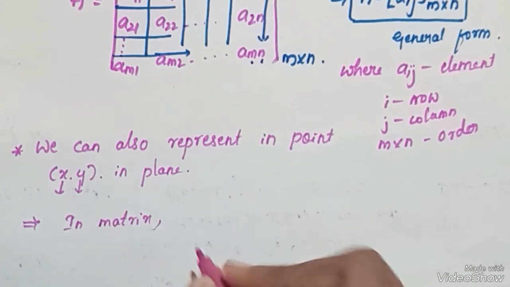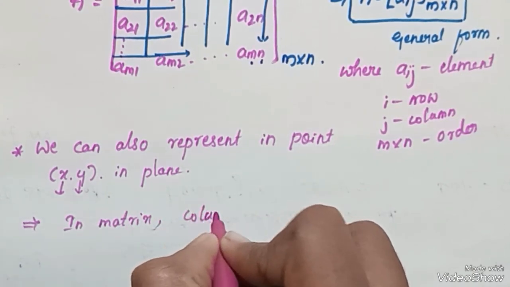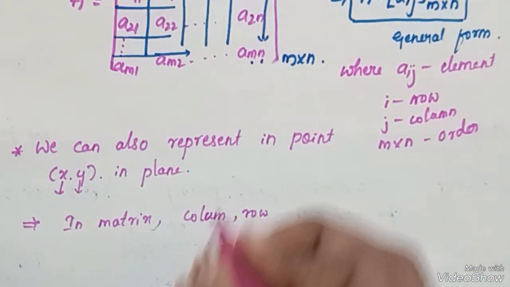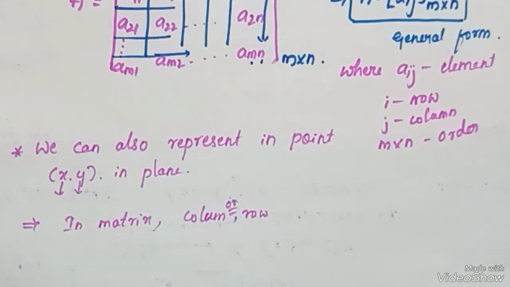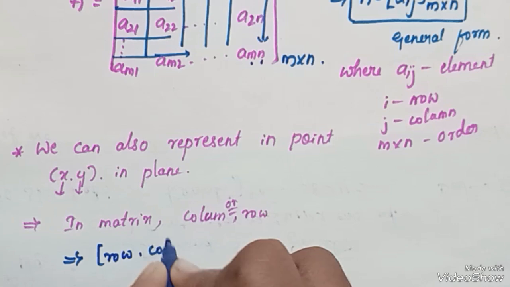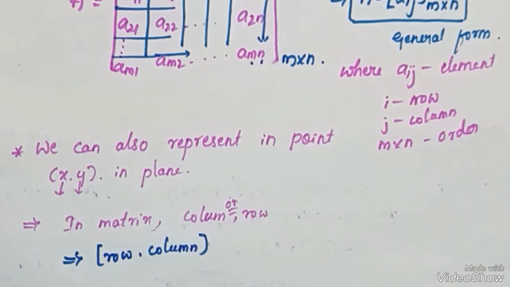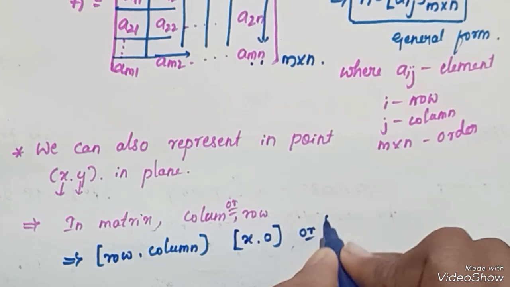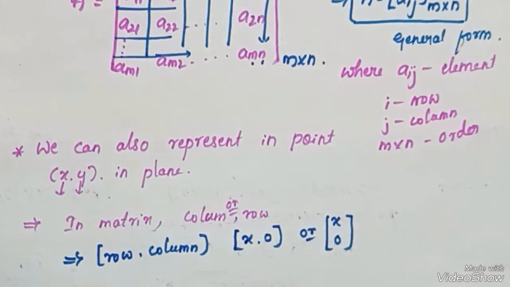We can express it as a column or a row. In a matrix, always write rows first, then columns. Any element can be expressed in two ways, for example x comma 0 or another way.